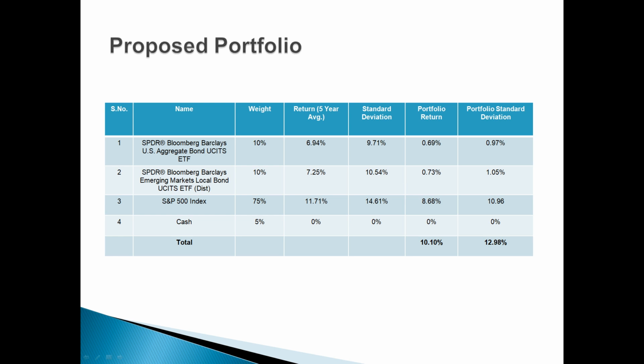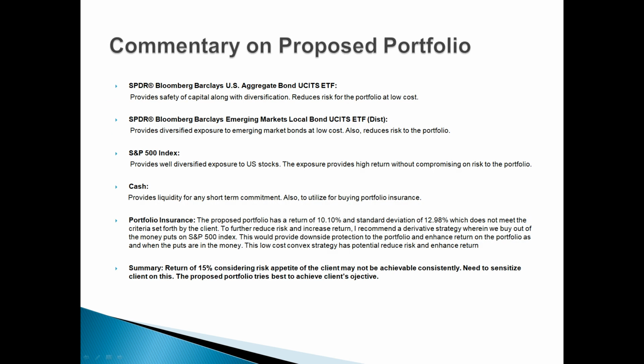Although based on the client's objective this may not seem to meet it, returns can be enhanced and the downside can be protected to less than 10% by buying portfolio insurance, which I will elaborate on shortly.